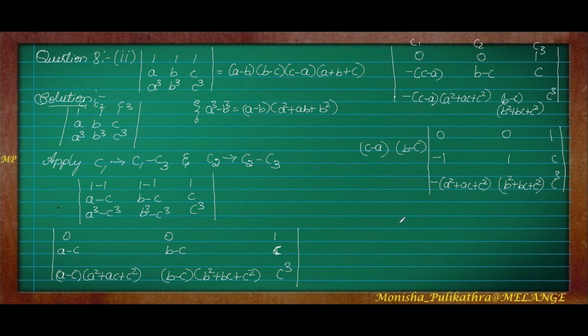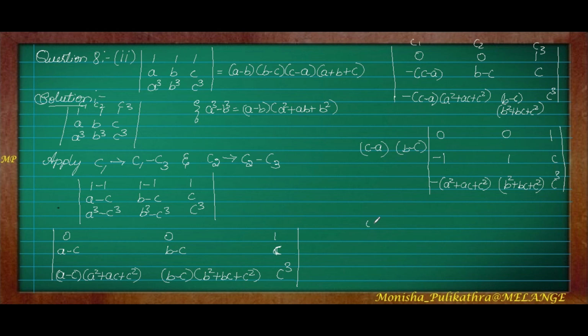So next what I have to do is apply C1 to C1 plus C2. So we need to add C2 to C1. Before adding it, I will be taking all the terms outside of the brackets by multiplying with a minus sign, or else it will be tedious for us to add it.